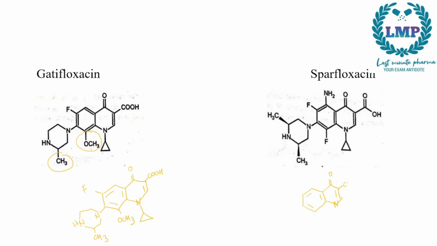Then right here we'll give a COOH, a fluorine group attached here, a piperazine ring attached here. This time instead of just one we will give two. So CH3, CH3 and a fluorine group right here, like lomifloxacin. Cyclopropane group. So this is your sparfloxacin.